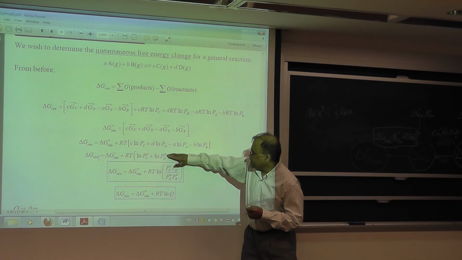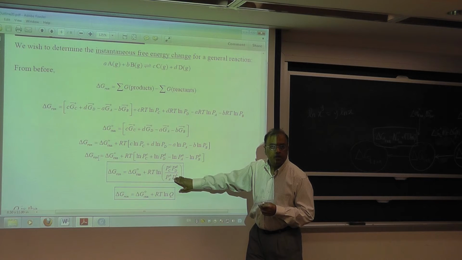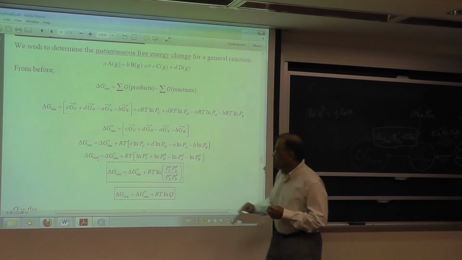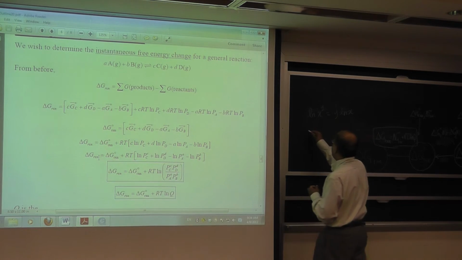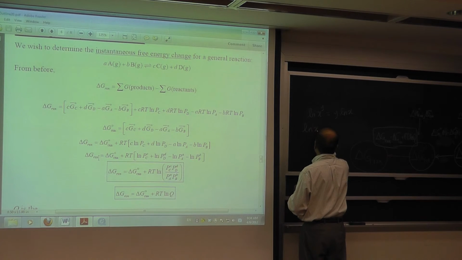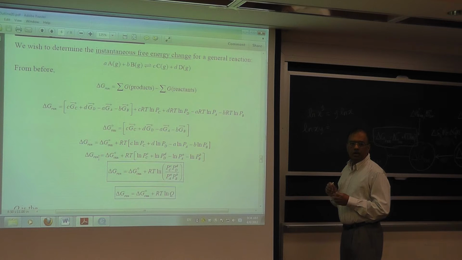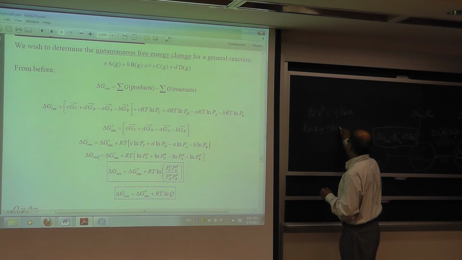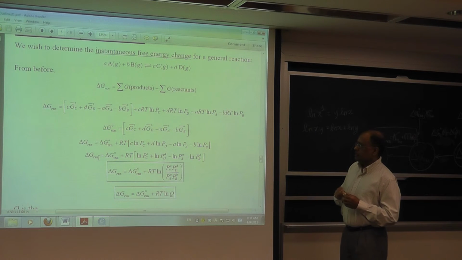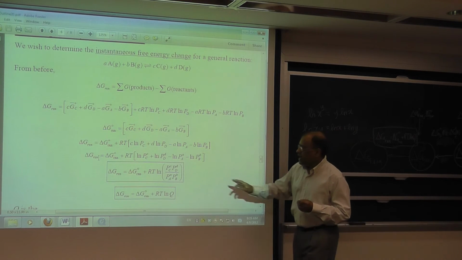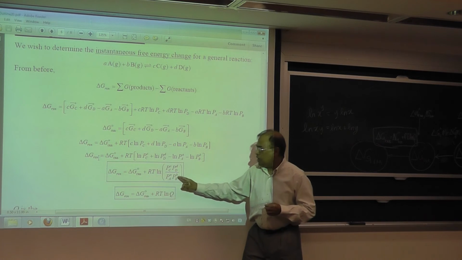And then how did I go from here to here? I used another log rule which says that log of xy is equal to ln of x plus ln of y. And I have the final equation that I want.